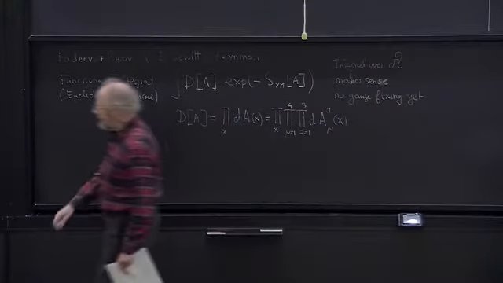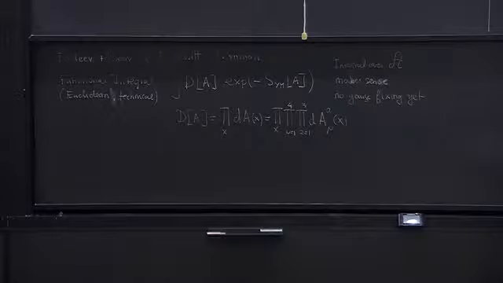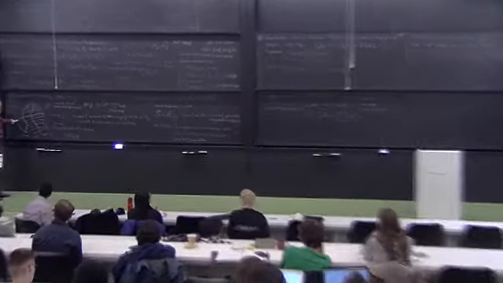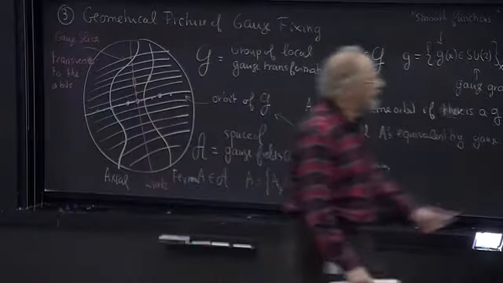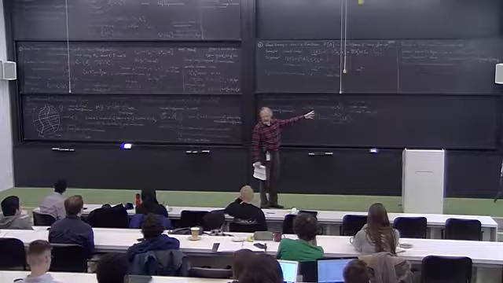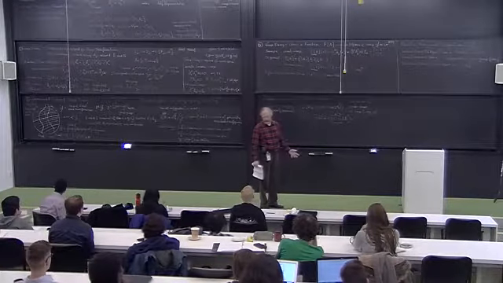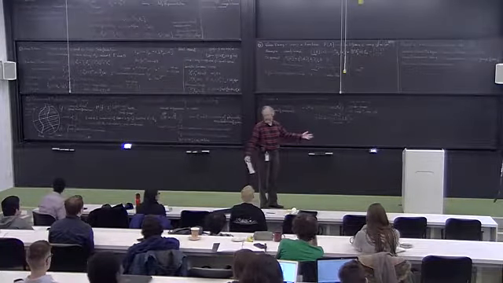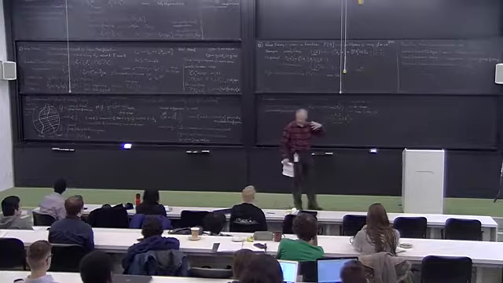Yes, yes. But the redundancy is just labeled by the gauge group. And the gauge group is many copies of SU2. So I can integrate over SU2. It has a finite volume.